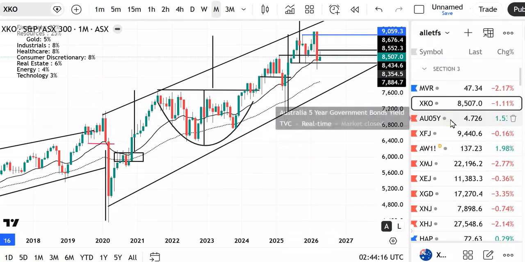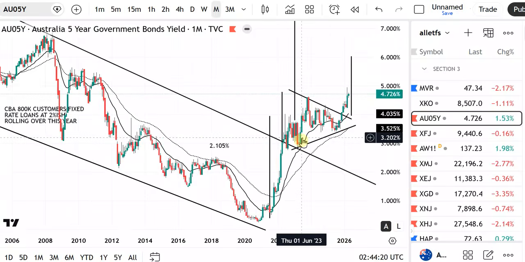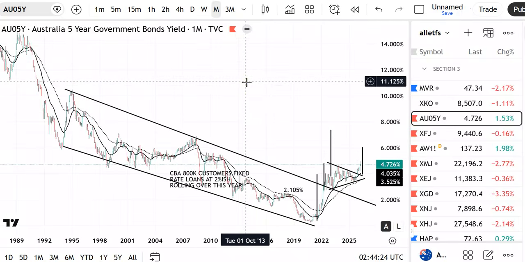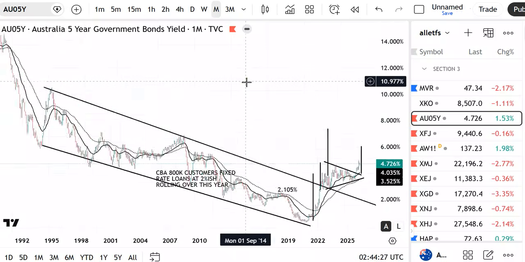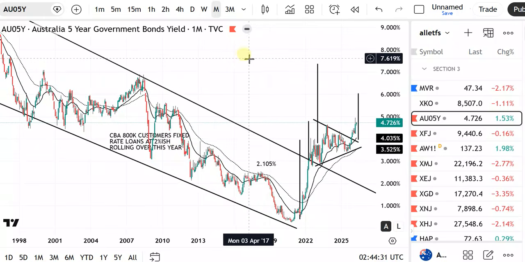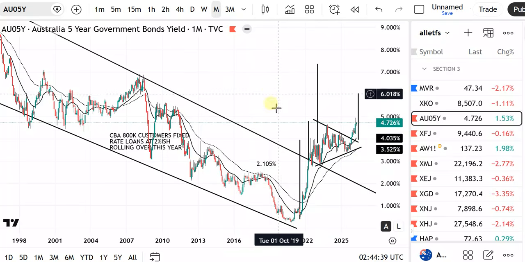So let's look at the financial sector first, but before we do that, because the financial sector basically works off net interest margins, which is basically the difference between what they lend money at, what they charge you for the mortgage, minus what they pay you for the deposits. Generally in a rising interest rate, well, we'll get to that.